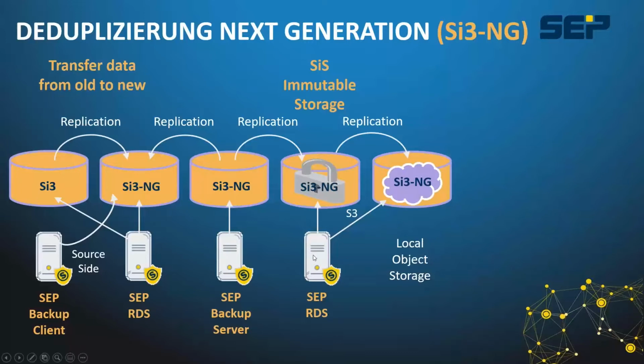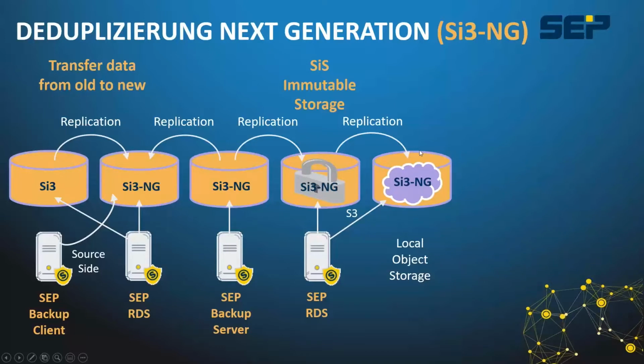There is only a little bit of local metadata on the backup server on the RDS, and then the data blocks will be collected until a specific size or amount of blocks has been reached, and then these blocks will be transferred to the S3 bucket.